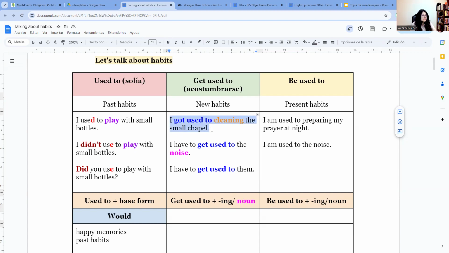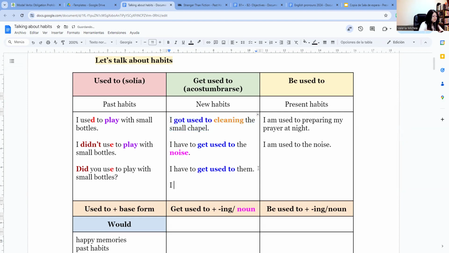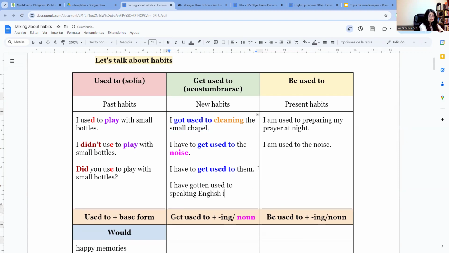It's not something that I had in the past for a long time, as a difference with used to. Yeah, so for example, I could say, I have gotten used to speaking English in class, for example. We're talking about a new thing. So it can also be used in the present perfect. I have gotten used to speaking English in class.